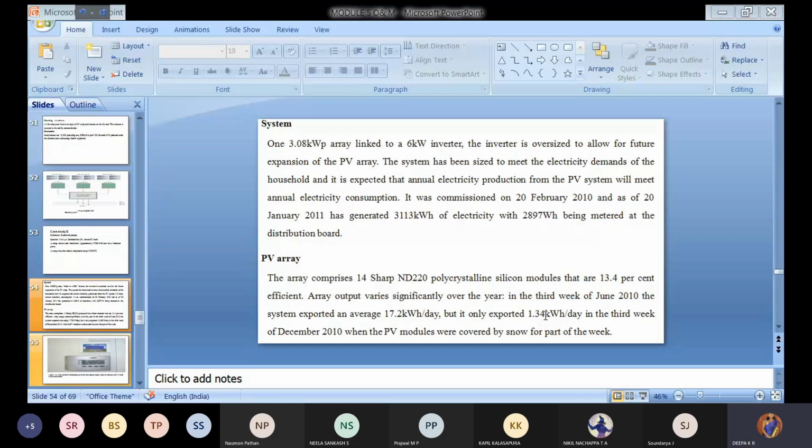That's what they say. Modules were covered by snow for part of the week. We have just taken an example of our place, but this is a place with a polar region, so snow falls on the surface and it is not going to produce much output. So that's why the exported power is just 1.34.